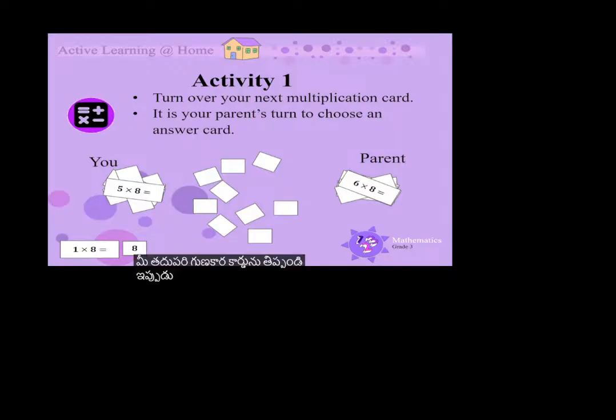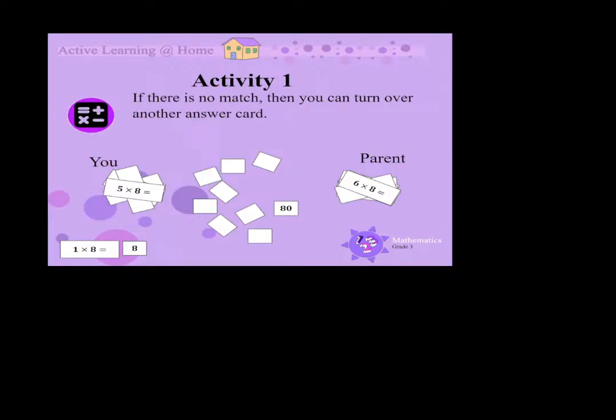It is now your parent's turn to choose an answer card and turn it over. 80. If there is no match, then you can turn over another answer card. 48. Your parent's multiplication card is 6 times 8. 6 times 8 is 48.